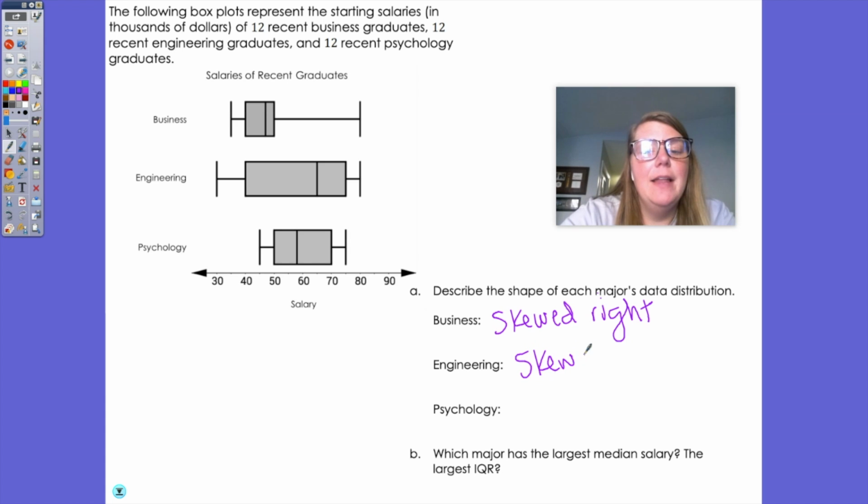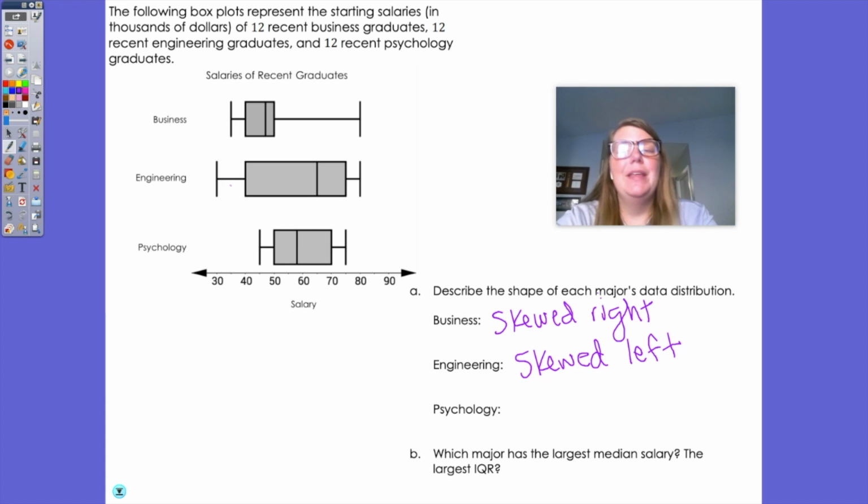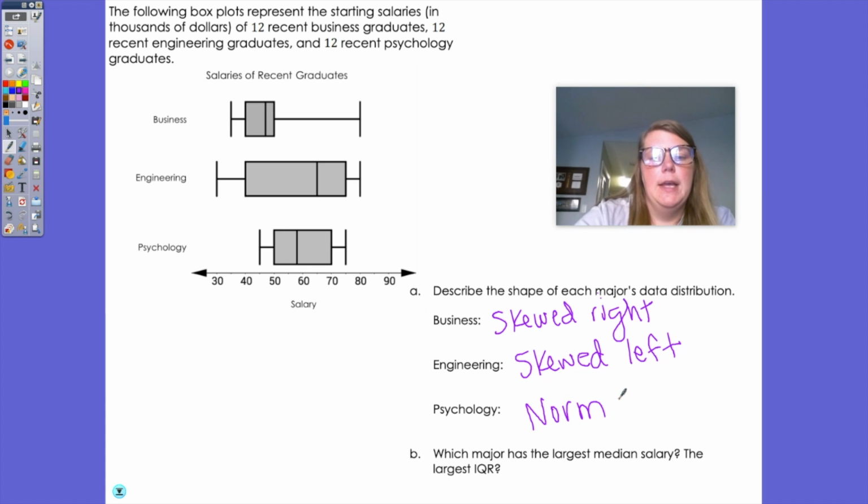And because that median is shifted to the right, it's actually going to be skewed to the left. So there are values over to the left that are pulling that median. So it's making it skewed. And then psychology is not extremely perfect, but it's the closest to normal that we can get here. So that one's normal distribution.